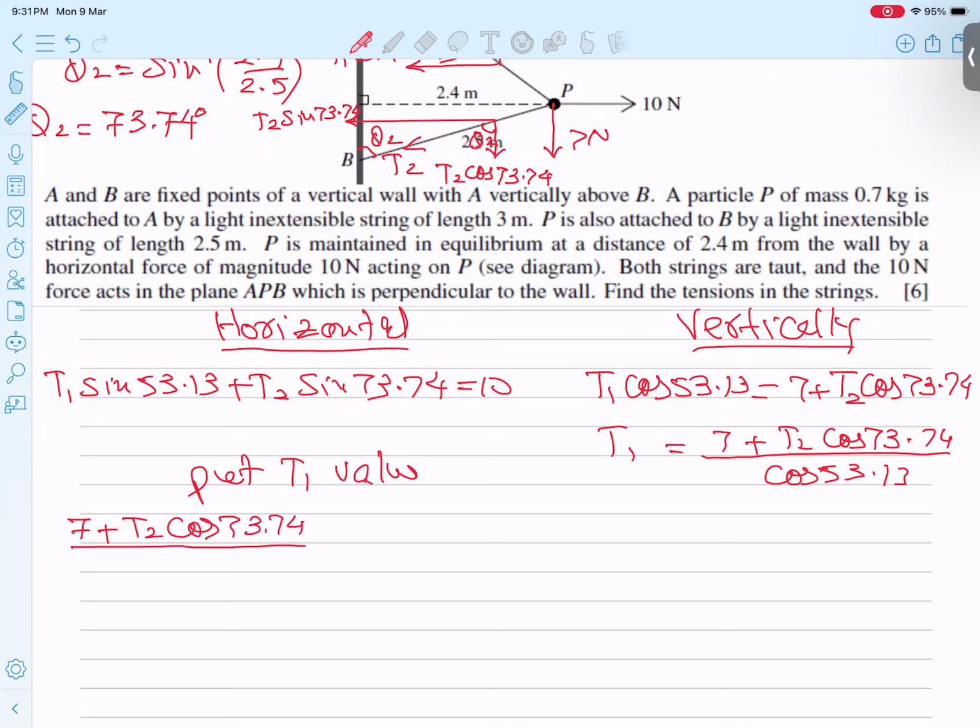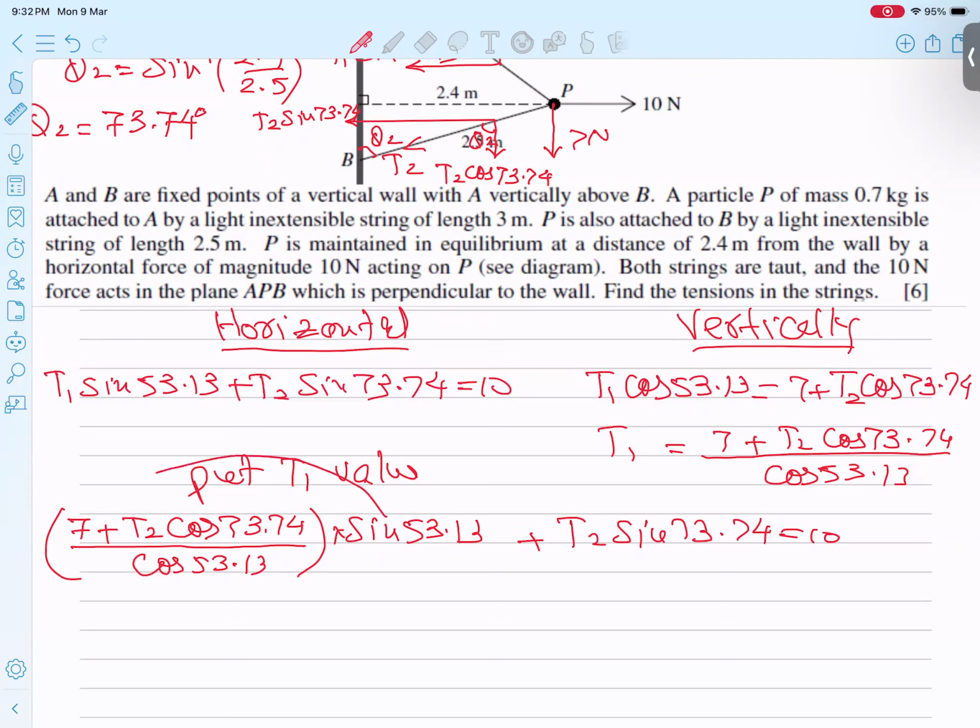So 7 plus T2 cos 73.74, divided by cos 53.13, times sine 53.13. It will multiply up only, all right? And plus T2 sine 73.74 is equal to 10.